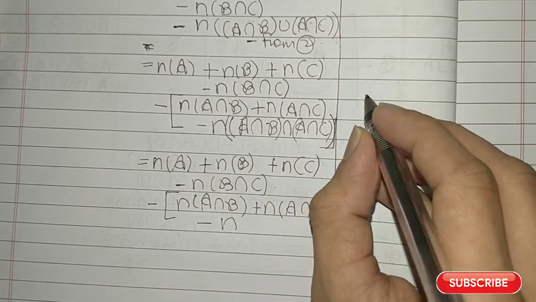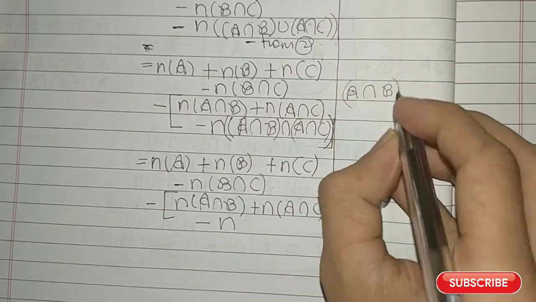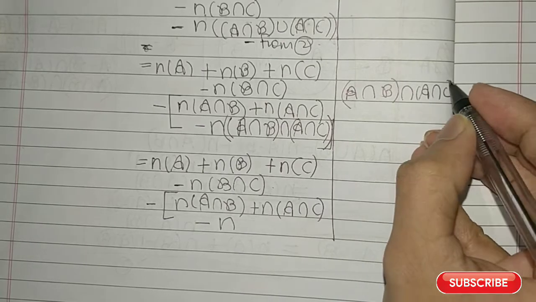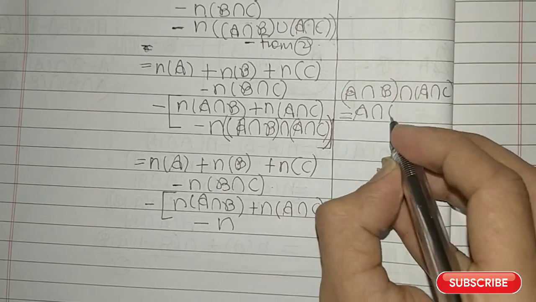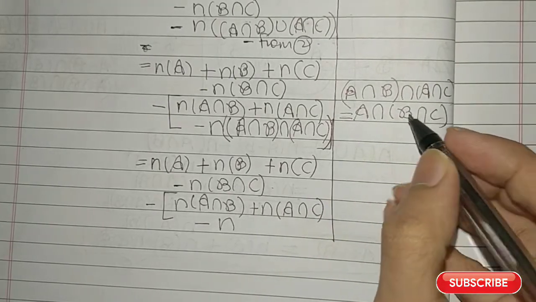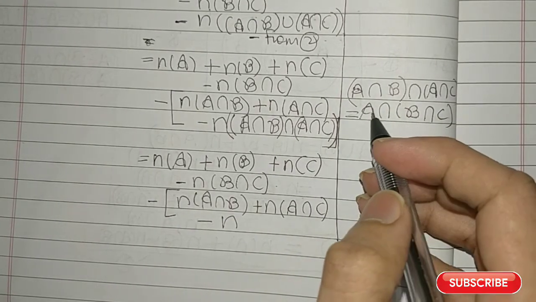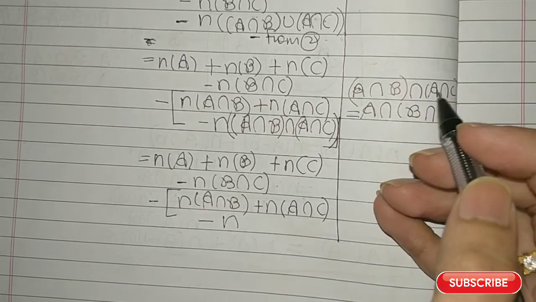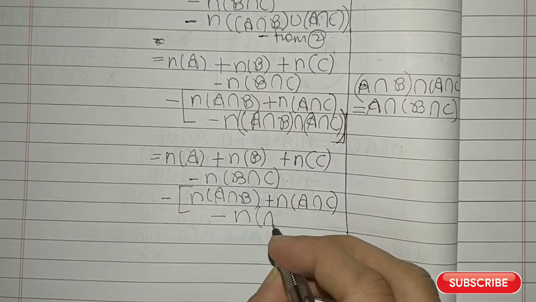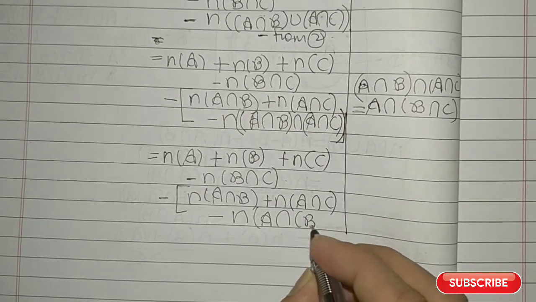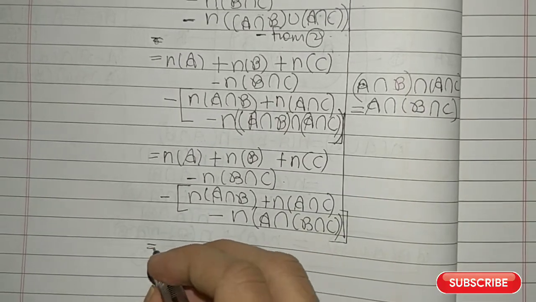So it is A intersection B intersection A intersection C, and by the distributive law it will be A intersection B intersection C. You can take A common, so A intersection B intersection C you are getting.